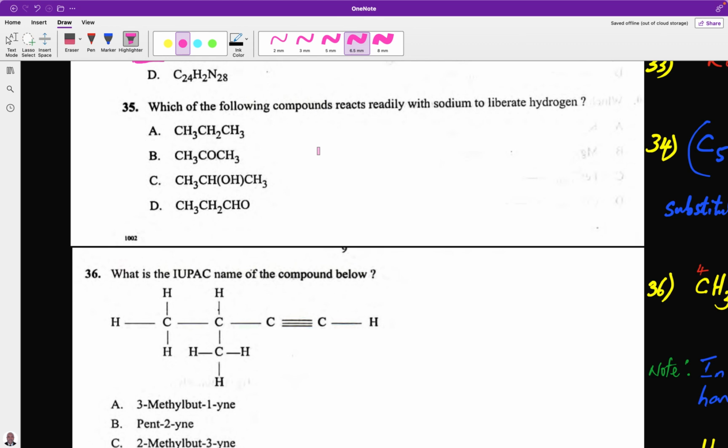And when it forms sodium alkoxide, there is a gas that is being released, and that gas is hydrogen.